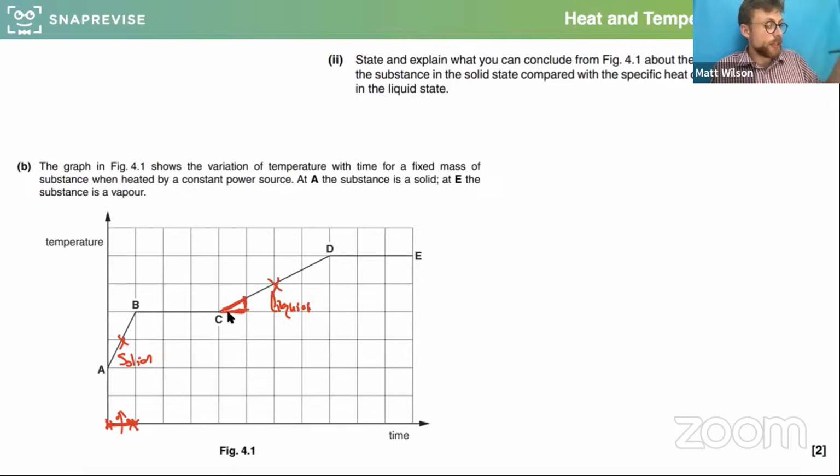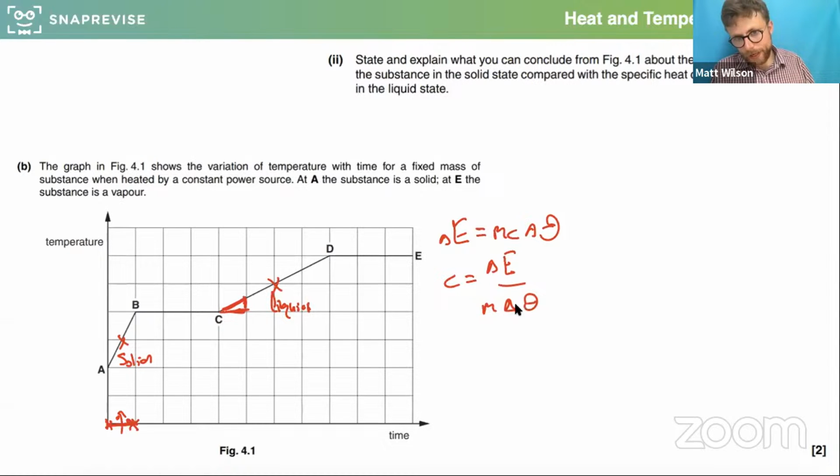Remember, specific heat capacity is about how easy it is to change the temperature. If it's hard to change the temperature, you have a high specific heat capacity. If we look at this formula again, change in energy equals mc delta theta. So C equals energy over mass times change in temperature.